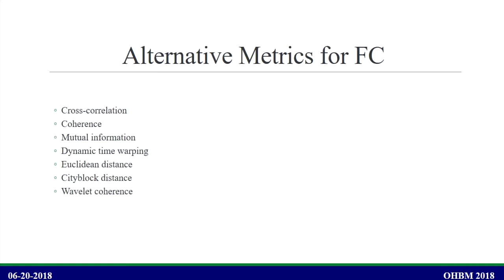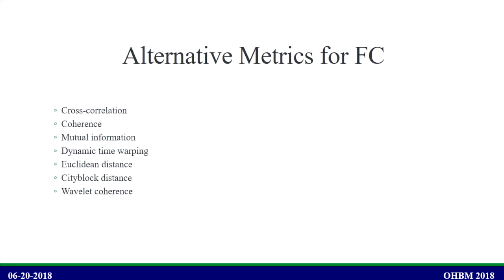The list is not exhaustive by any means. We just tried to incorporate some measures from the time domain, from the frequency domain, from the wavelet domain, some measures that measure similarity linearly and others non-linearly. Some measure similarities while others measure dissimilarities.